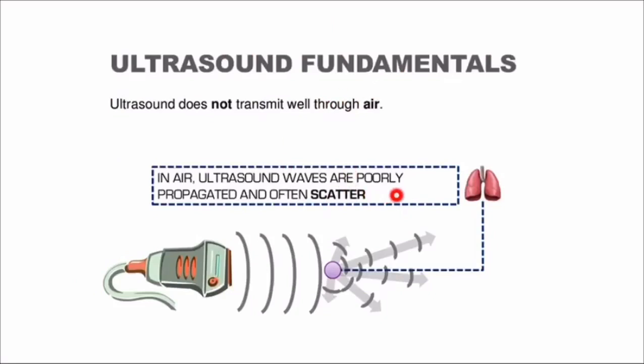In cases of air-containing organ, usually the sound waves are poorly transmitted through air. That's why often there is scattered sound waves which produces artifacts, and these artifacts are the basis for examination of the presence or absence of pneumothorax in the chest in cases of extended FAST exam.